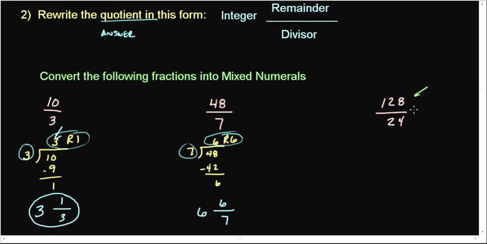And so if I rewrite this and simplify first, it's going to make my division a lot easier. I can split 128 up, and that becomes 2 times 2 is 4, 8, 16, 32, 64, 128. 24 I can split up as 2 times 2 times 2 times 3, which is 8 times 3.